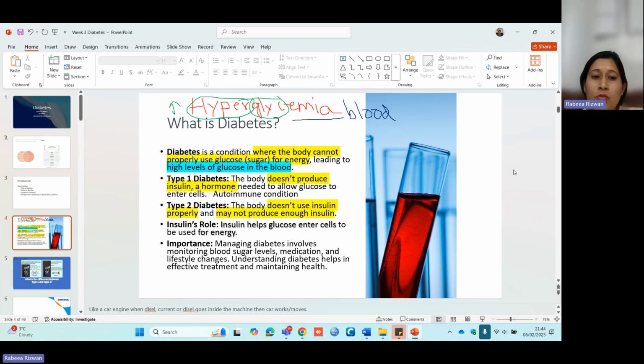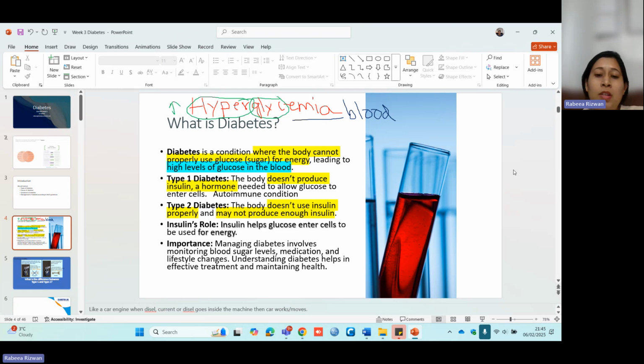Insulin is a hormone released by our organ called the pancreas. Later on in the slides, I will show you what the pancreas looks like and where it is located. What this insulin does is act like a key, a gateway, a channel that helps the glucose enter inside the cells.